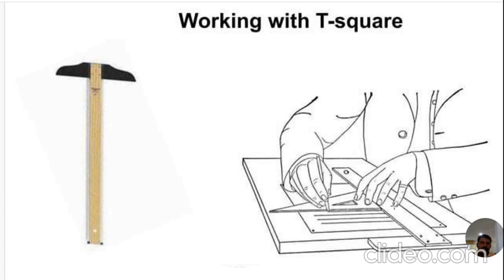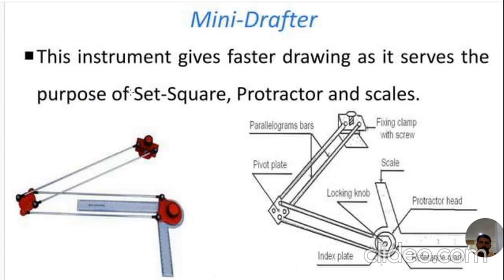The mini drafter consists of the T-square, set squares, protractor, scale, etc. It has a long arm that is freely adjustable on the drawing sheet to draw anywhere on it. This instrument gives faster drawing as it serves the purpose of set squares, protractor and scales.